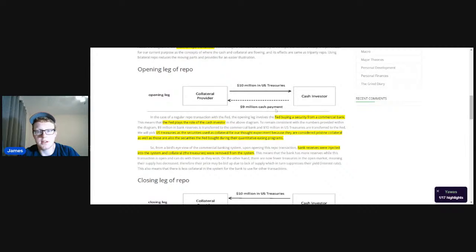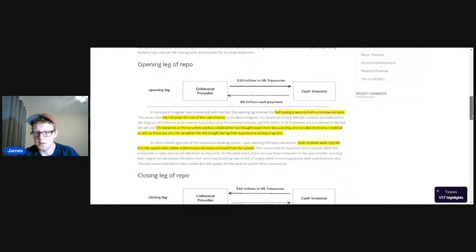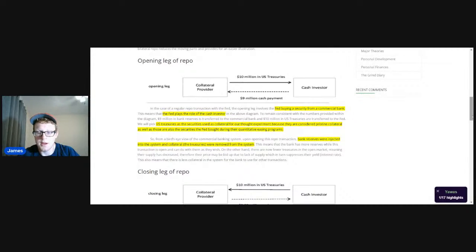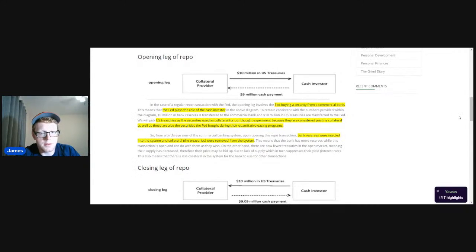As we can see here, cash flows from the cash investor to the collateral provider. And you know what, I don't want to get too far ahead of myself. I'm running parallel to the central argument of the blog anyway, so let me just retrace, step by step. That's the whole point of the post.